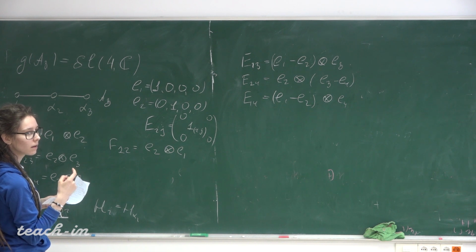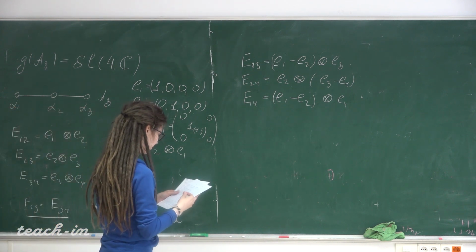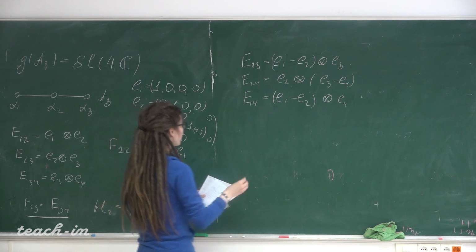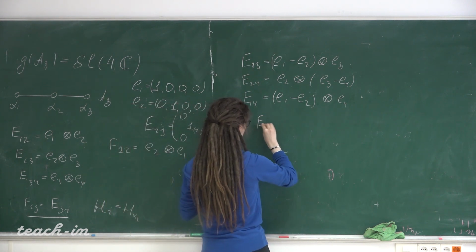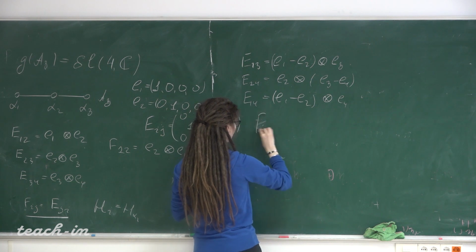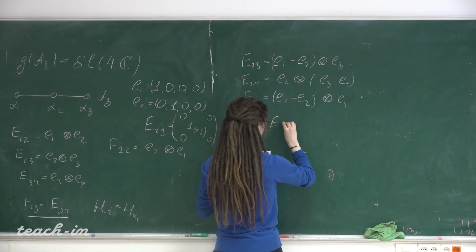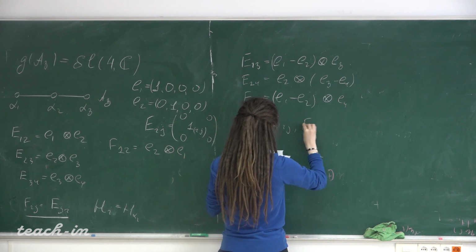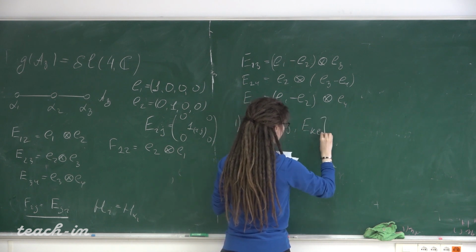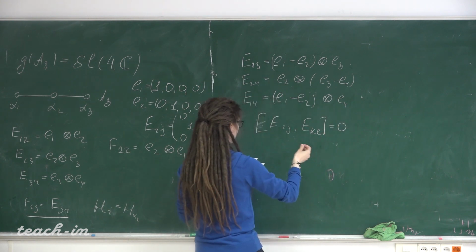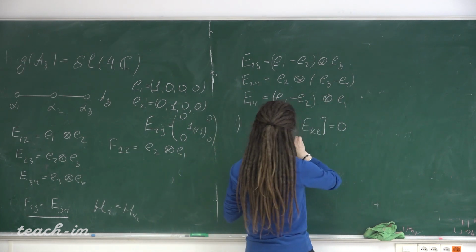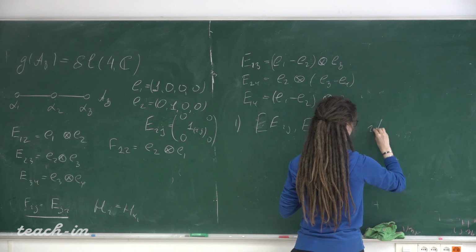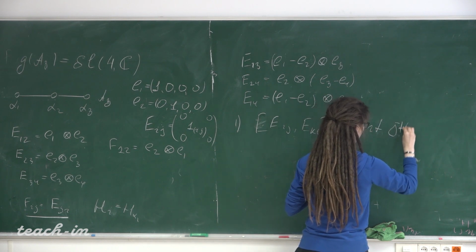Tensor notation, to calculate this, that's commutative. That's it, 0 if j is not equal to k.